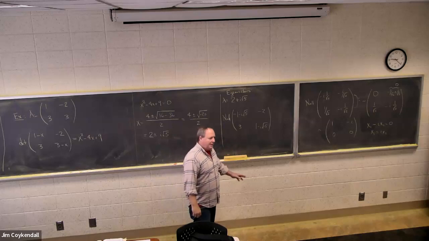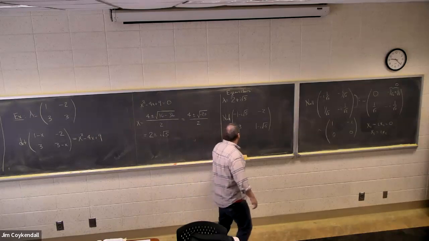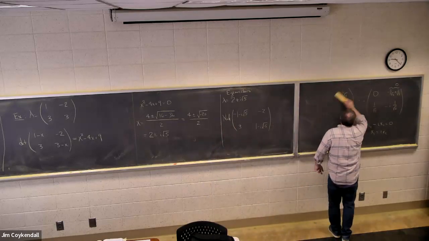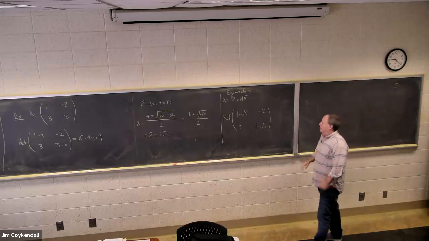Now, again, this might look like a mess. In fact, it is a bit of a mess, right? But if we've done this right, there should be a row of zeros. Let me do the computation here.